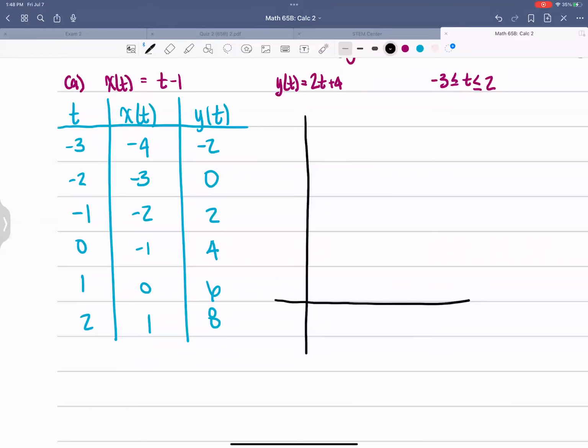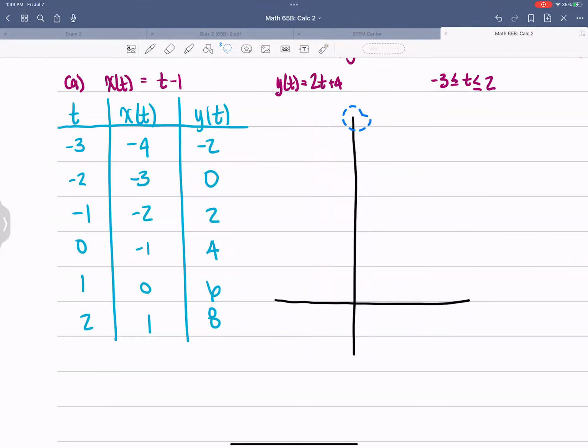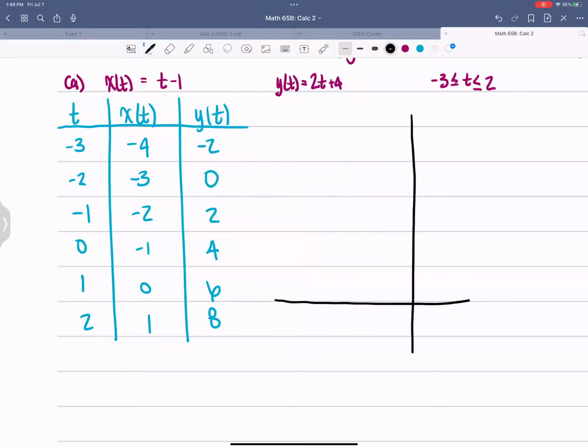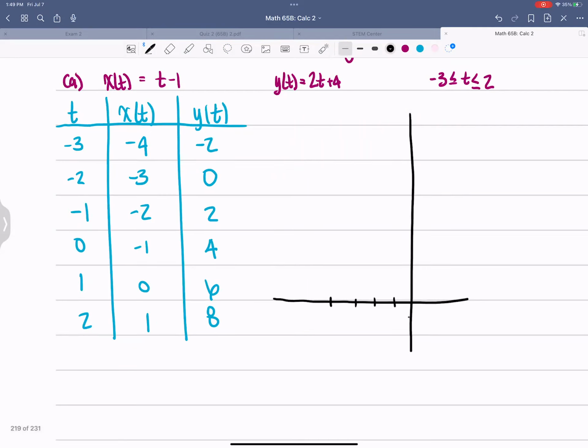So when x is -4, yeah, let's graph it this way. So when x is -4, so 1, 2, 3, 4. Y is -2. 1, 2. So that's our very first point.